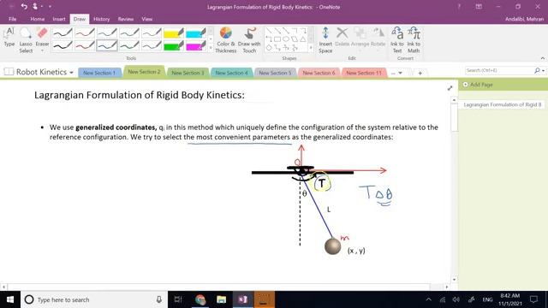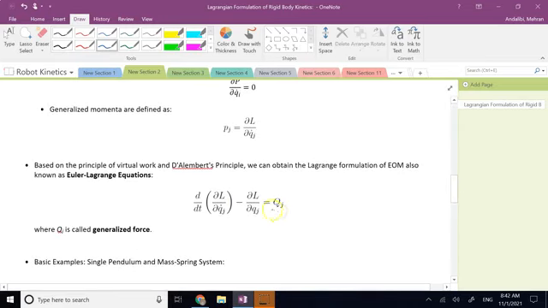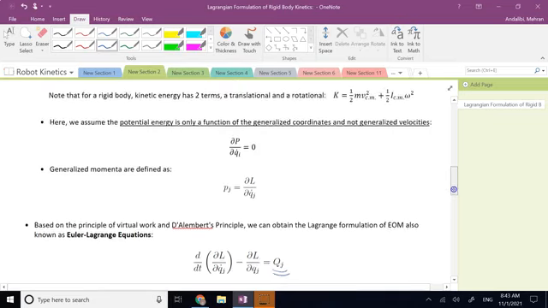So if I want to find what you'll see later is called the generalized force, or Q_i, for that specific generalized coordinate, it's better that the work of these external forces and couples is described using those generalized coordinates, not something else.